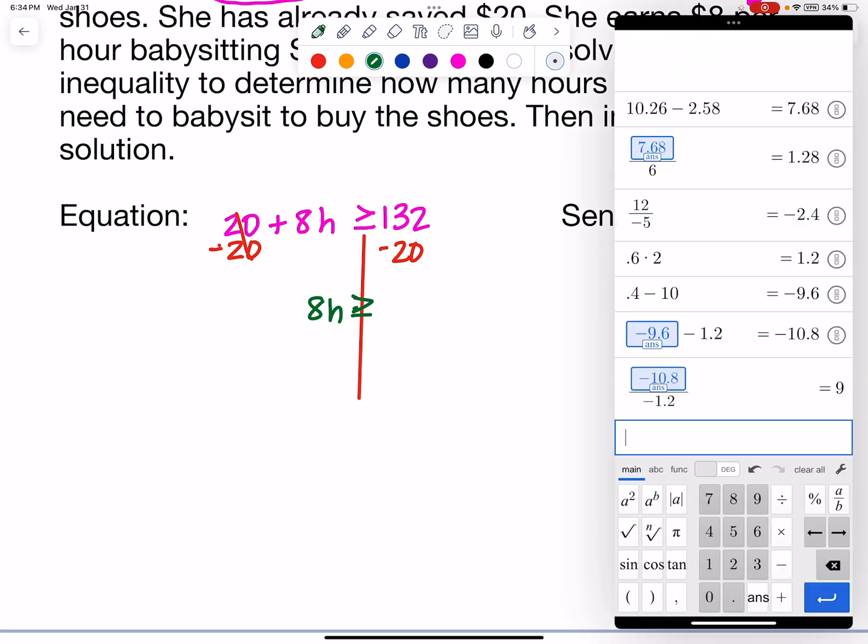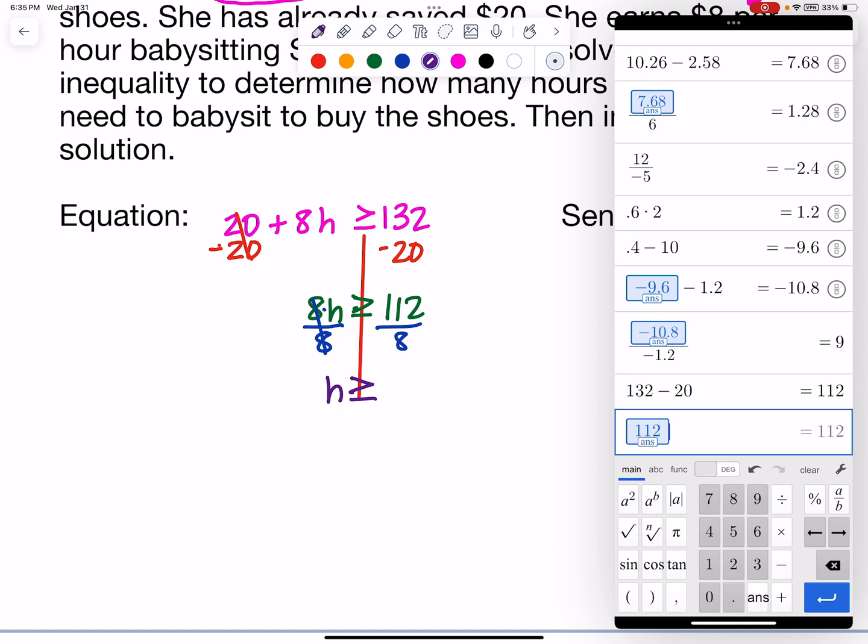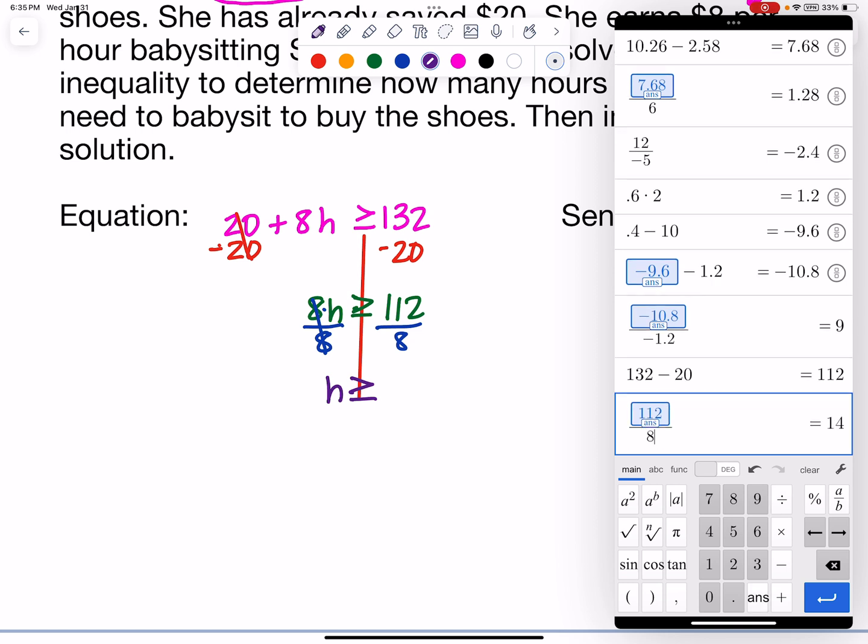But again, if it's a test, I'm double checking all my thinking on a calculator unless it's crazy easy. So 112. Now we need to isolate the variable. We have h times 8, so we're going to divide by 8 on both sides. Cross that out, and I didn't multiply or divide by a negative, so everything's staying the same here. And we have 112 divided by 8, and that's 14 hours.